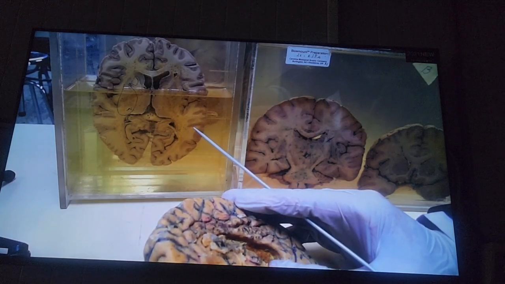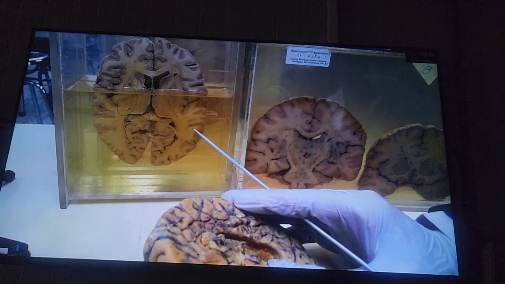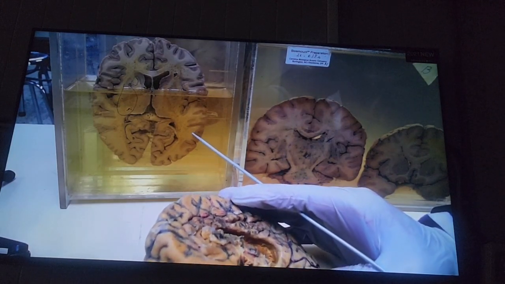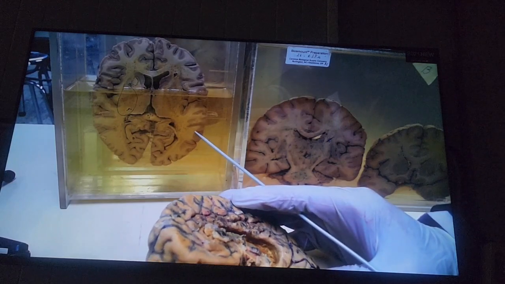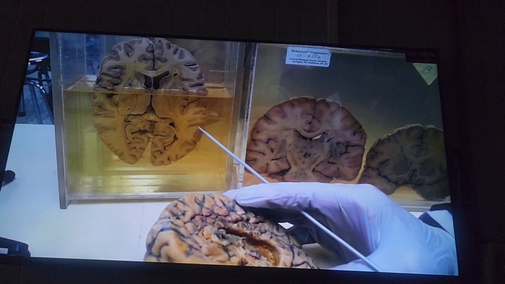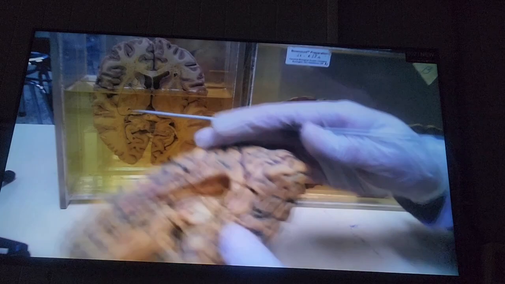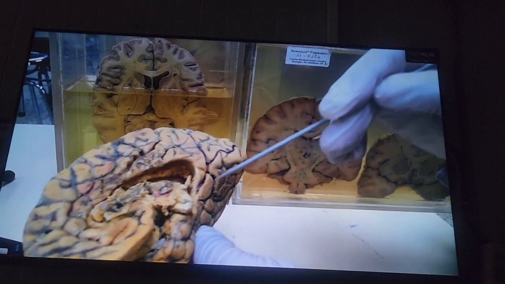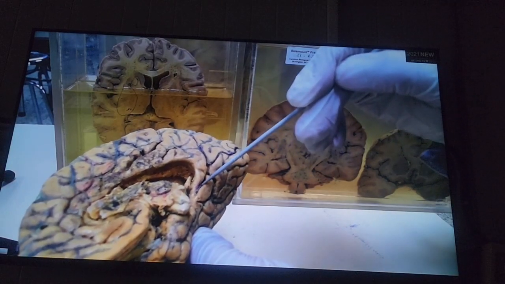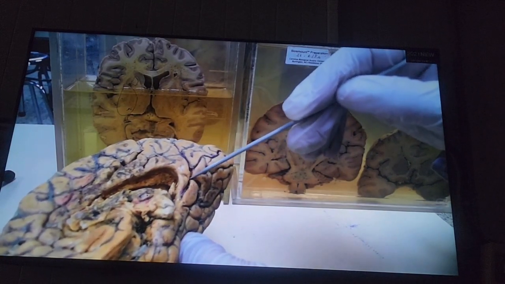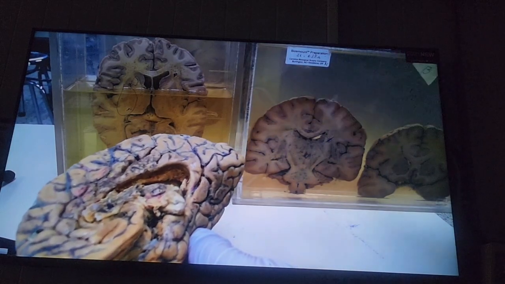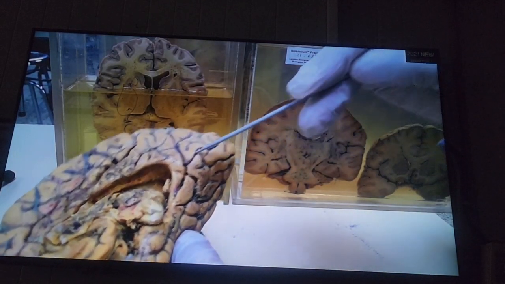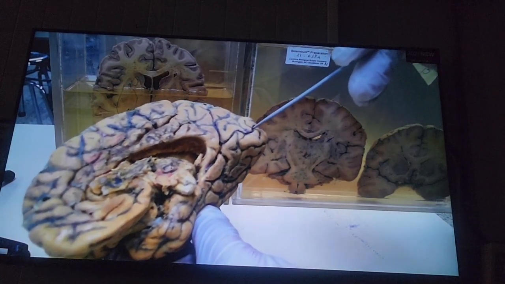The upper is called the bulb of the posterior horn, which is produced by the forceps major, and the lower one is the calcar avis, formed by the calcarine sulcus. This is the calcarine sulcus here, you can see from the posterior part of the corpus callosum, below the splenium of the corpus callosum, toward the occipital wall here. This is the calcarine sulcus.